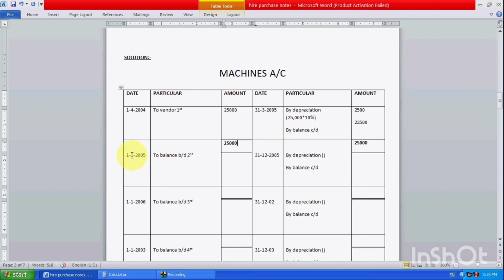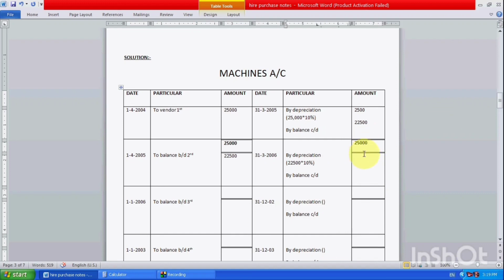Now 1st April 2005, the remaining amount is 22,500. Then 31st March 2006, the next year. I've already prepared it to show, to make it easy and quick in showing the accounts.